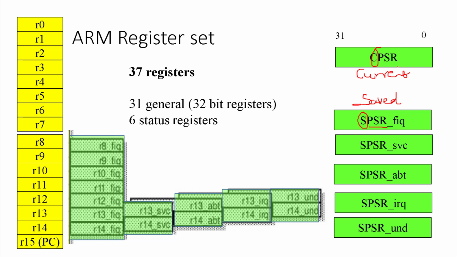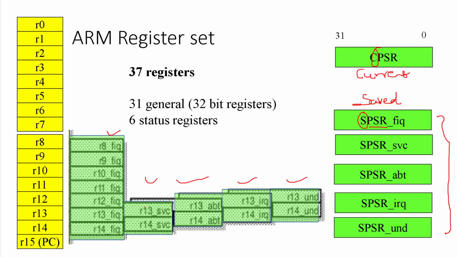You see one current program status register is there, and a total of 5 saved program status registers are there. Why 5 saved program status registers? Because the ARM has 5 different privileged modes of operation. See here, this is 1, this is 2, this is 3, this is 4, this is 5.